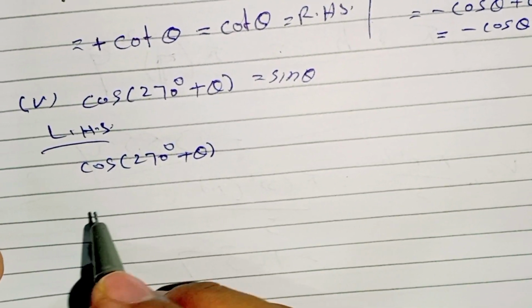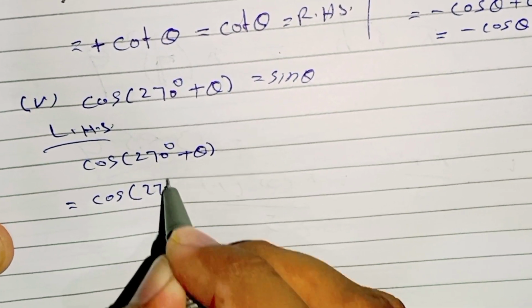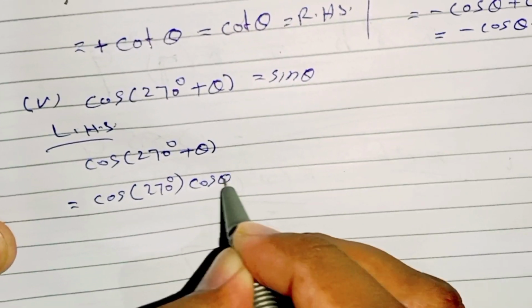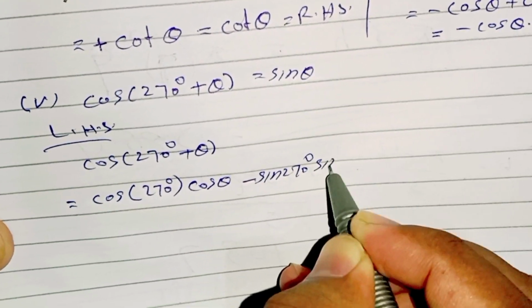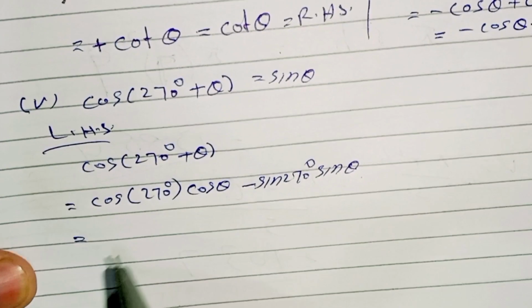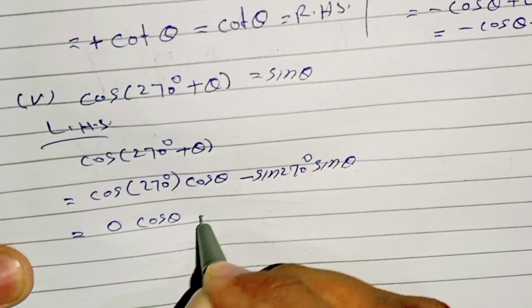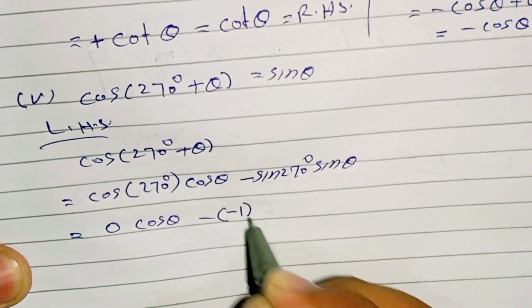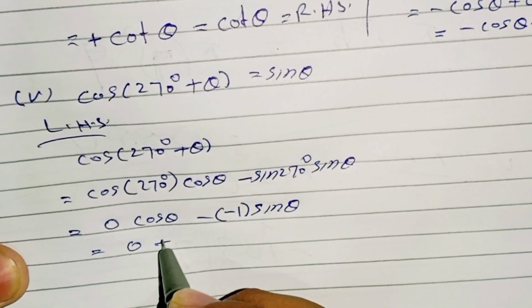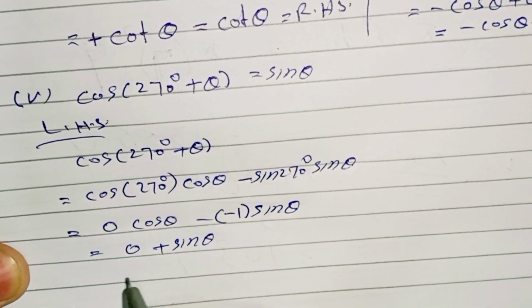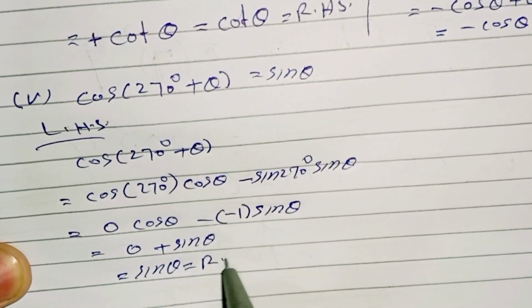By using the formula, we have cos 270 degree cos theta minus sin 270 degree sin theta. We know that cos 270 degree is equal to 0 multiplied by cos theta, and sin 270 degree is equal to minus 1 multiplied by sin theta. So we have 0 plus sin theta, which is equal to sin theta as required on right hand side.